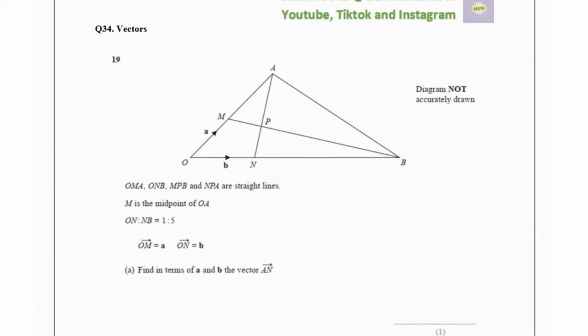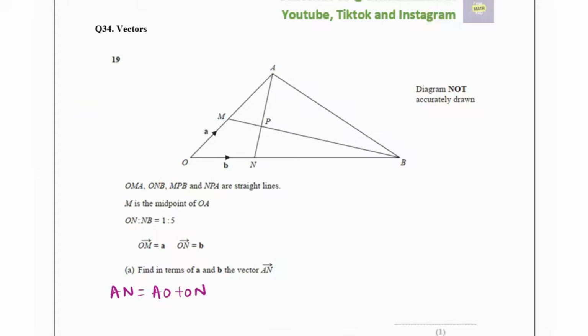Then vectors. OMA, ONB, MPB, and NPA are straight lines. M is the midpoint of OA. ON is to NB is 1 is to 5. OM is given as A, and ON is B. We have to find in terms of A and B the vector AN. So to find vector AN, it is going to be AO plus ON.